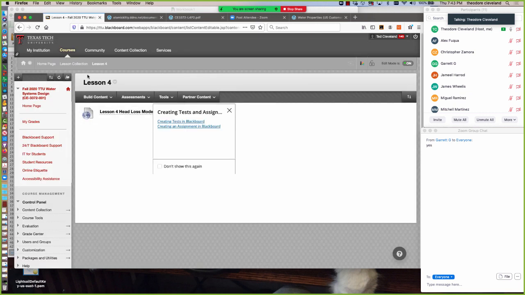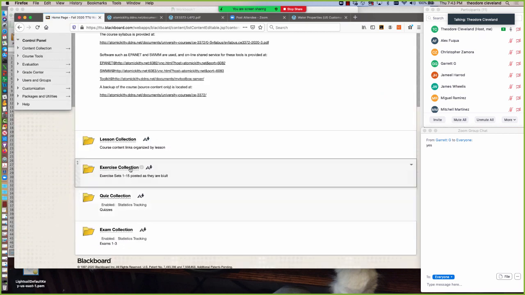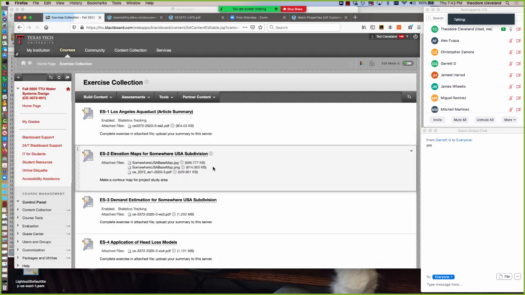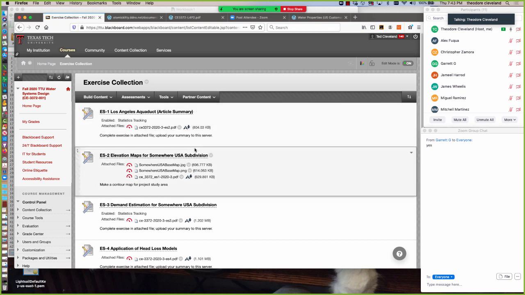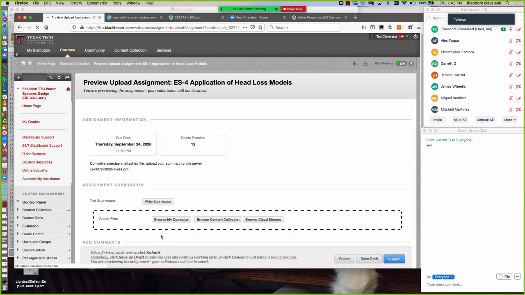Looking back at the course, in the exercise category, we have 1 and 2, which are working on in demand. The application of head loss models is not due until the 24th.